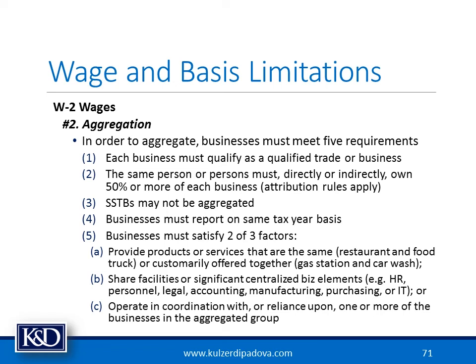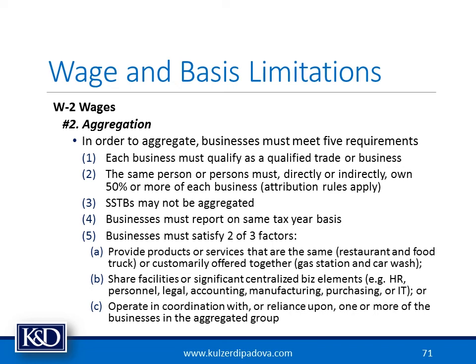They either have to provide products or services that are the same or customarily offered together, they have to share facilities or centralized business elements, so the same HR people, same legal department, accounting department, etc., or they have to operate in coordination with or reliance upon one or more of the businesses in the aggregated group. So this is the main operating company that owns multiples.